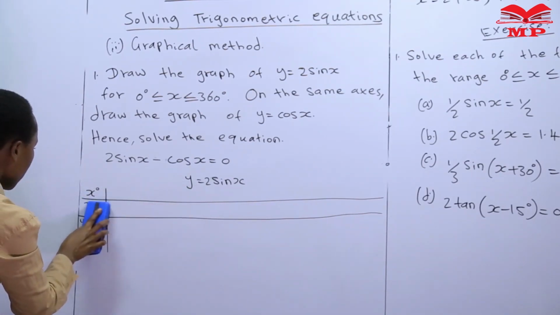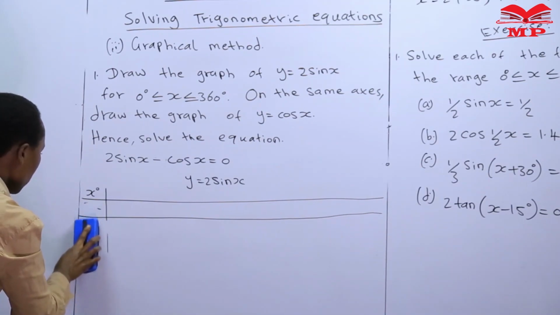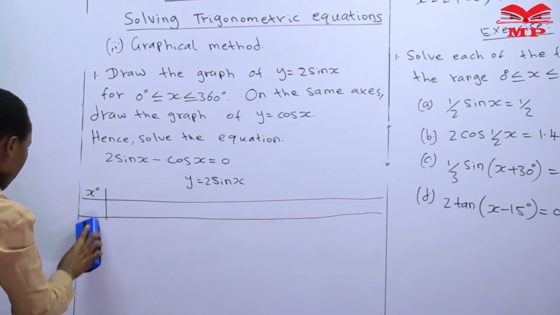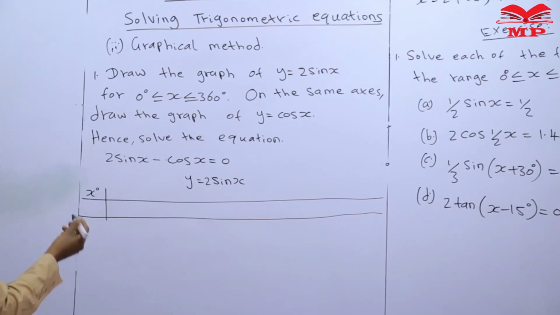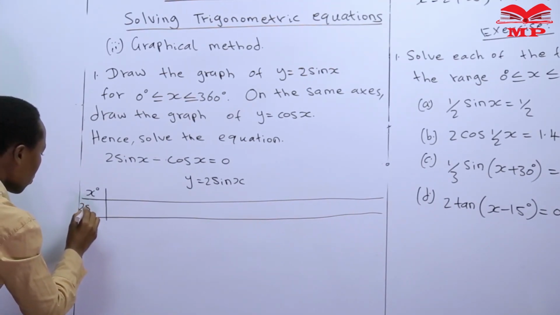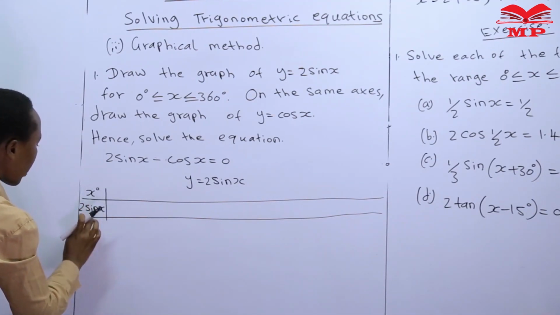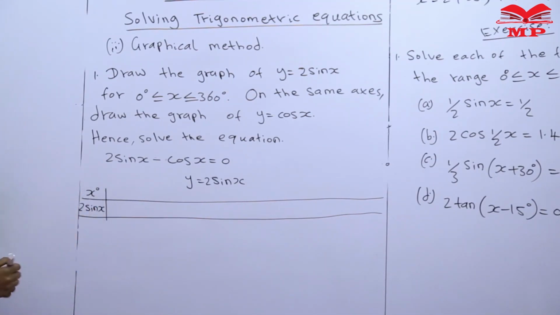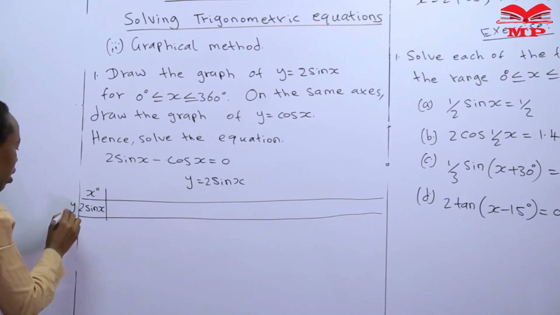It is not 2x, it is simply sin x. So we are simply getting the sine of x, then we multiply it by 2 to get the value for our y.